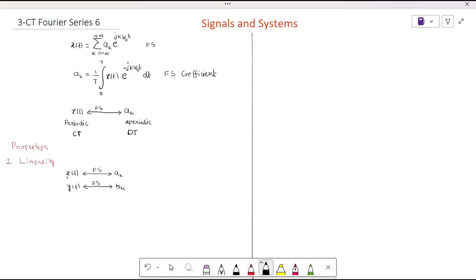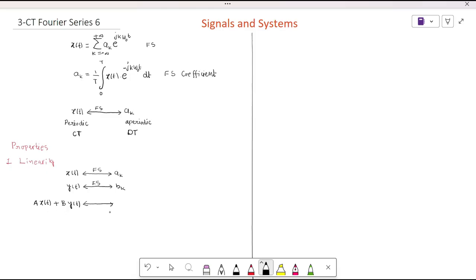Now, if you add these two with any multipliers and get the same thing in the frequency domain, then we can say that this Fourier series follows linearity. For example, I am taking a into x of t plus b into y of t, and now I apply the Fourier series.